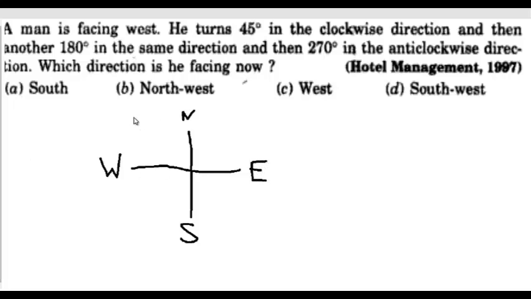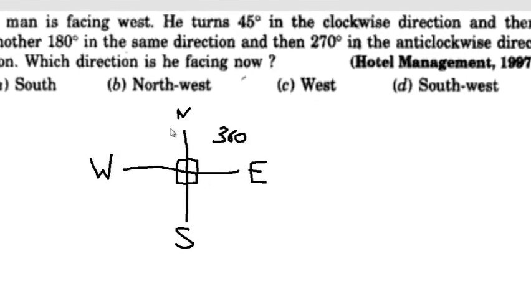The total is 360 degrees: this is 90, 90 again, 90 and 90, making 360 degrees. From north to east, when you go in this manner, it's 90 degrees, east to south 90 degrees, west to south 90 degrees, west to north again 90 degrees. So overall it's 360 degrees. Now let's start solving this question.